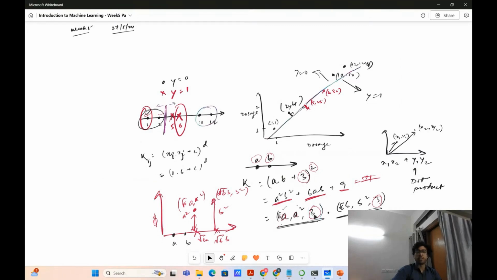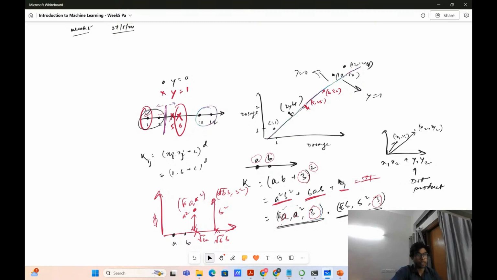Why we ignore 3 is that you can take 3 as well, but this will add another dimension to the data. It will be 3D data in which your z-axis value is 3. But since both vectors have the same z value, in 3 dimensions they both lie in the same plane. So that's why you ignore 3.